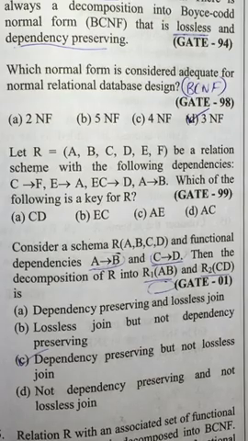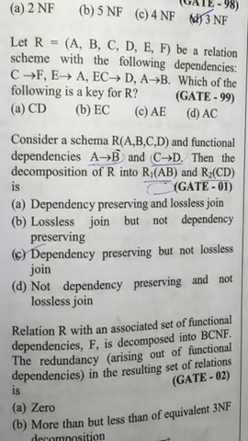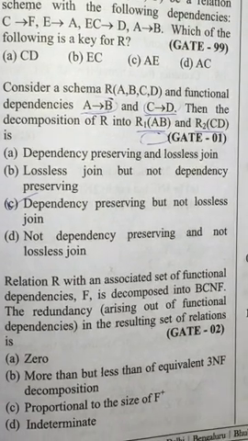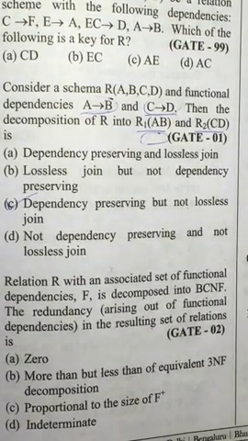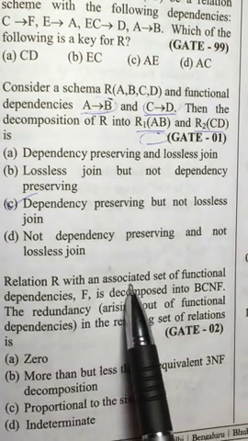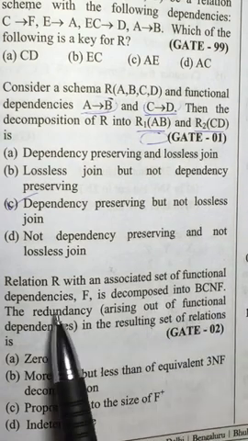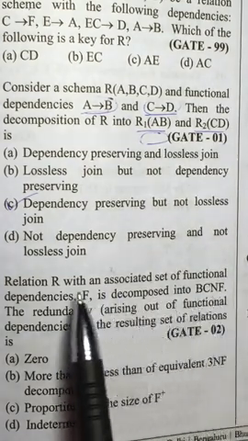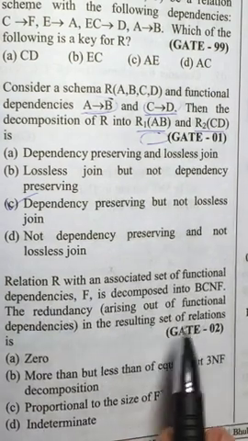And next one is about BCNF. Consider the following: a relation R with an associated set of functional dependencies F is decomposed into BCNF.